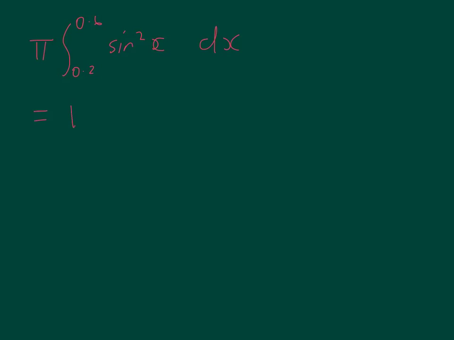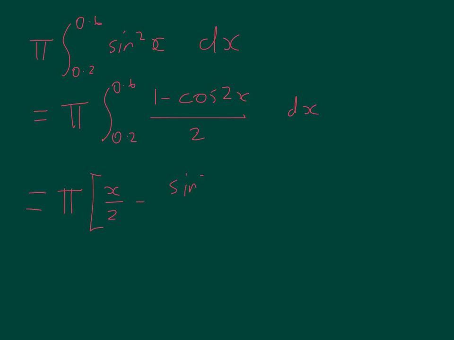Now that becomes the primitive. Actually, we can rewrite that sine squared x by manipulating it as 1 minus cos 2x on 2 dx, which we can integrate using our standard techniques, which becomes x on 2 minus sine 2x on 4, and of course still between 0.6 and 0.2.